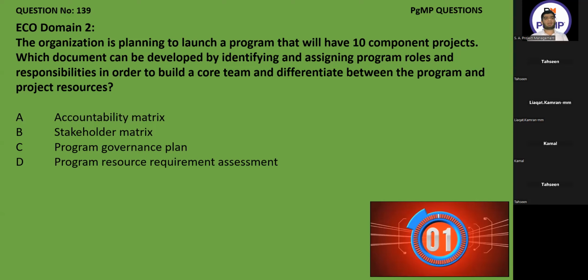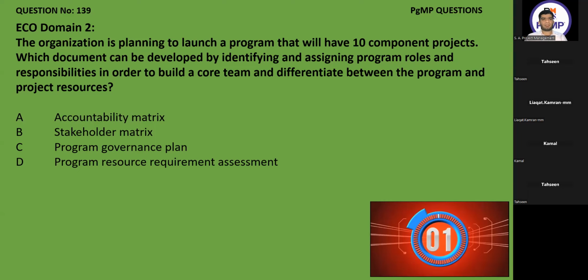Okay, so you use the elimination technique. A is possible. Why? Because here we have to differentiate between the program and project resources. So this one is possible.